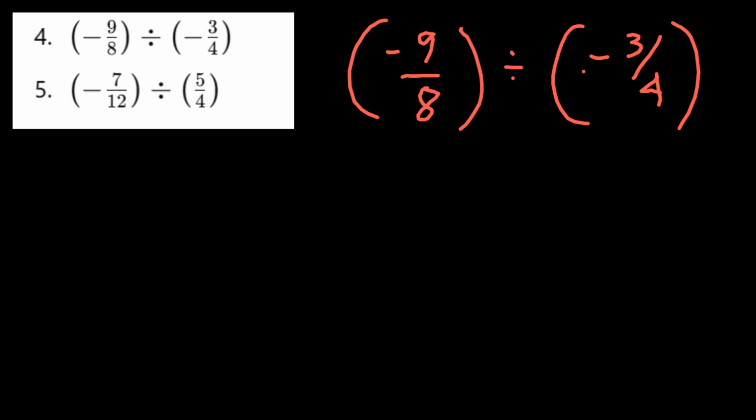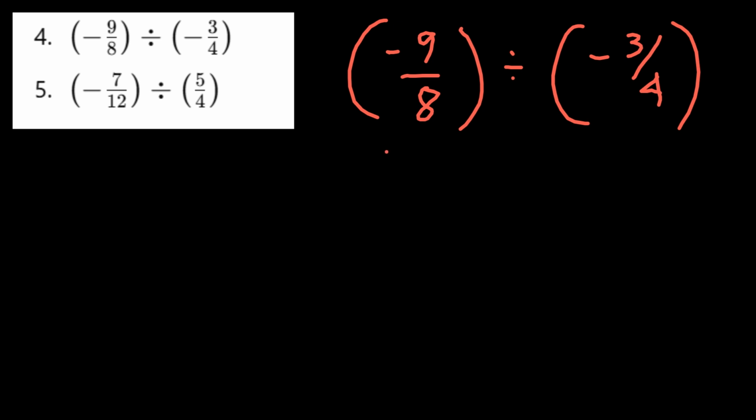And then F means flip. When we say flip, that means to find the reciprocal of negative 3/4, which will be negative 4/3. And then multiply the two fractions as usual.